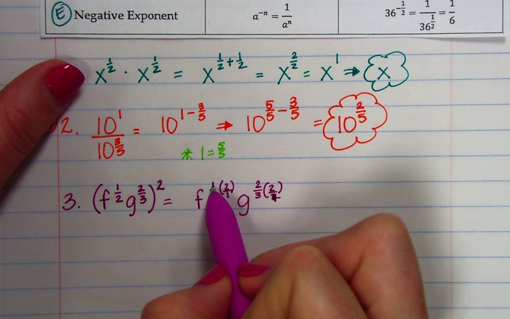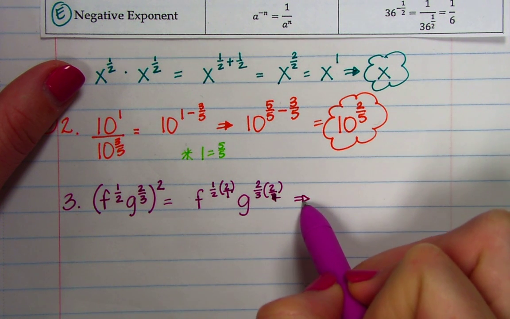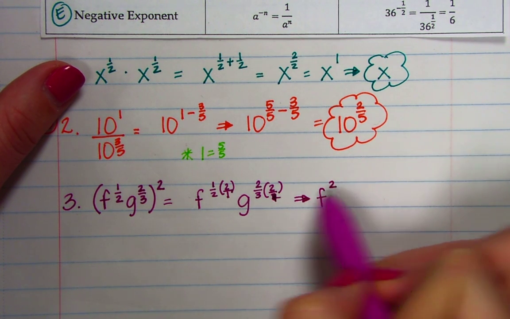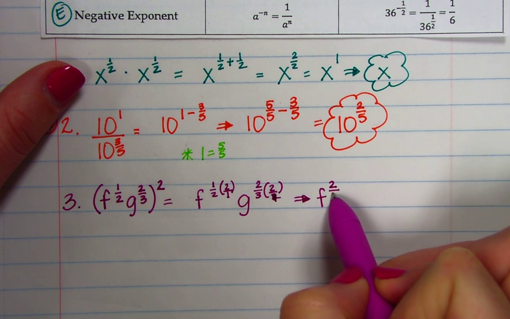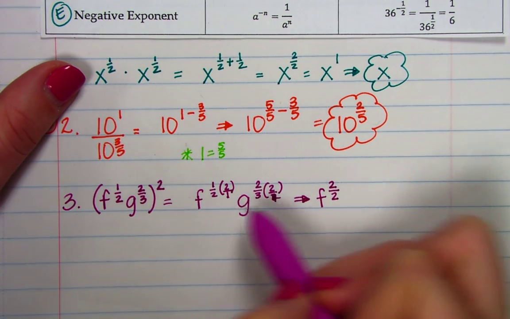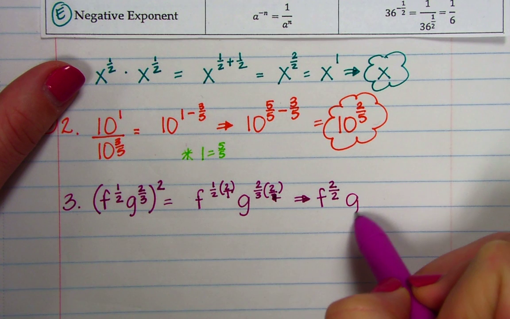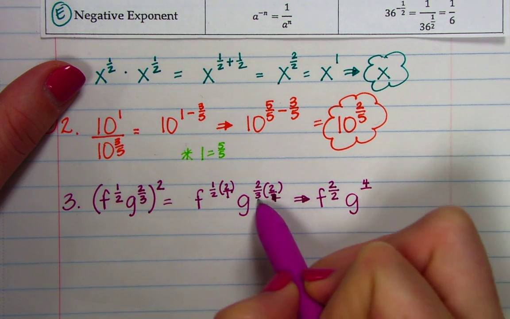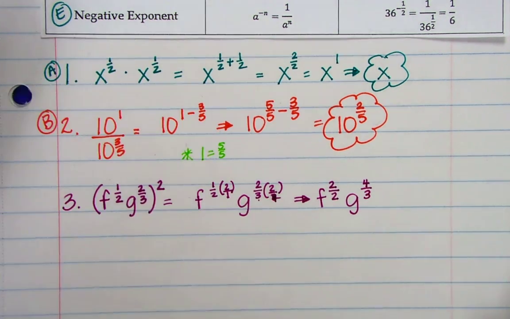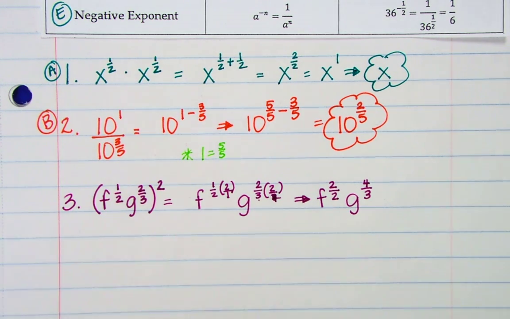Okay, so for the f, 1 times 2 is 2. And then 2 times 1, also 2. And then for g, 2 times 2, 4. And 3 times 1 is 3. Do you notice anything else that we could do to this to make it even more simple? 2/2 is 1, right?